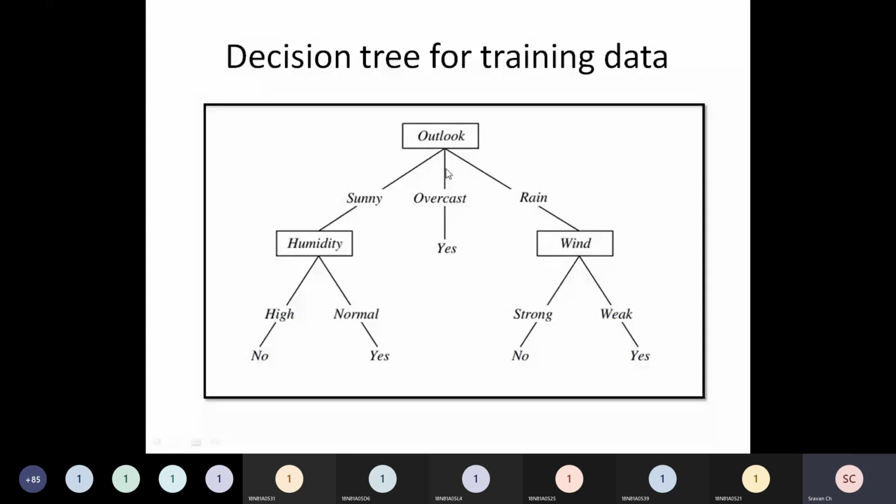The outcome is clear. I need not make any further decisions. If the Outlook value is overcast, he is going to play the game. So please observe here, this is not a node, my dear, this is a leaf.